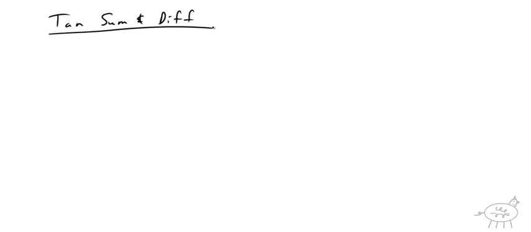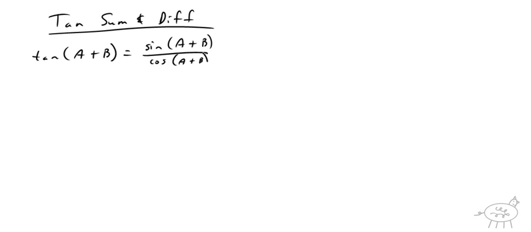Okay, and we're basing it off of our knowledge that tangent is equal to sine over cosine. Let's start out with tangent of A plus B. Would you guys agree that's equal to sine of A plus B over cosine of A plus B? Sweet.